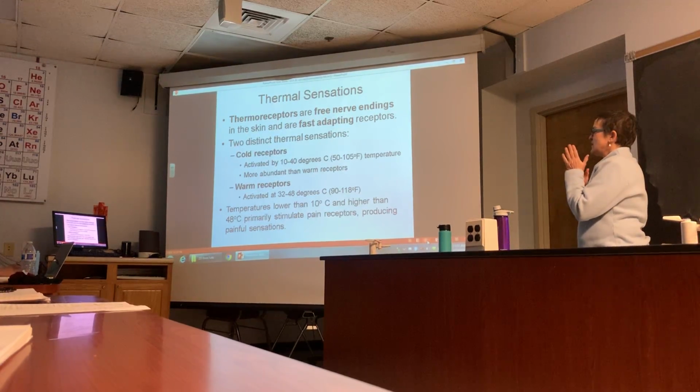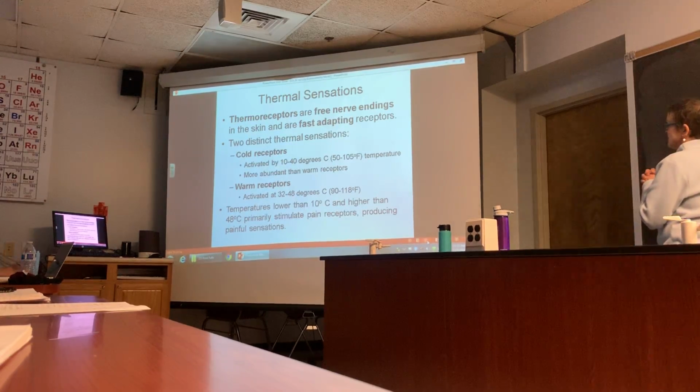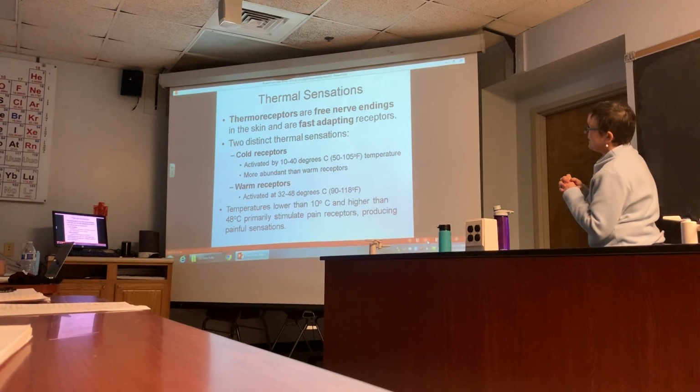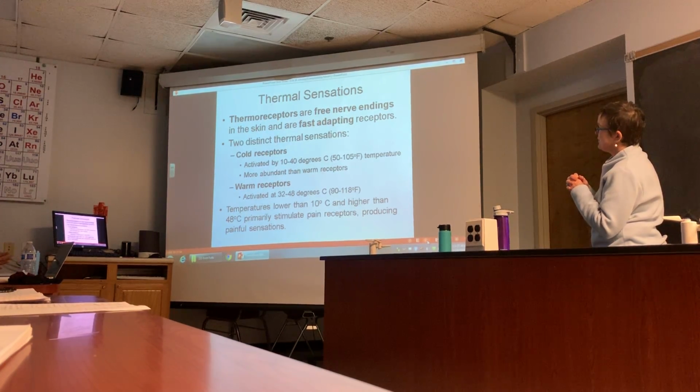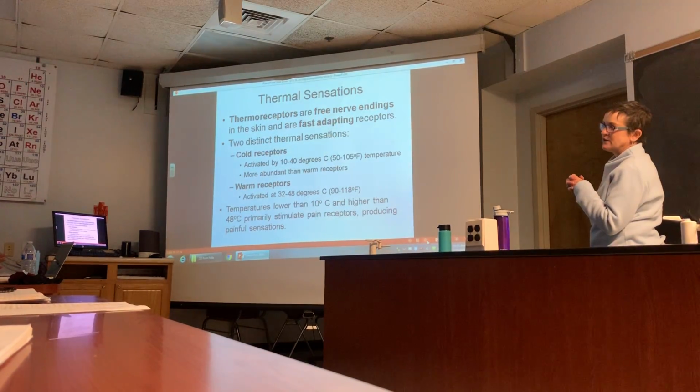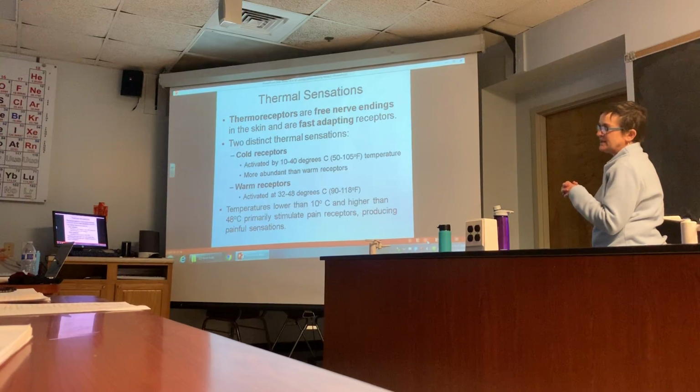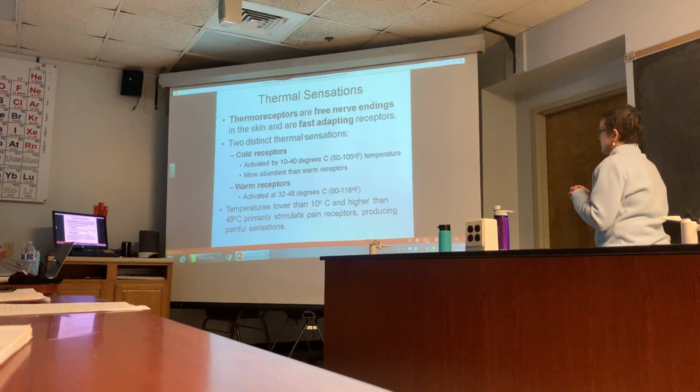Cold receptors are activated between 10 and 40 degrees C, or 50 to 105 degrees Fahrenheit. 105 sounds high, but it's not really in terms of temperature reception in the skin. There's more cold receptors than there are warm receptors, which is probably why when you get in cold water it's so shocking, because you have more of those cold receptors.